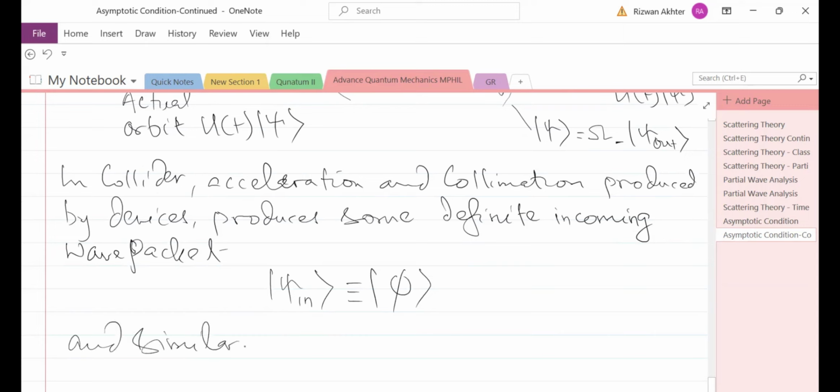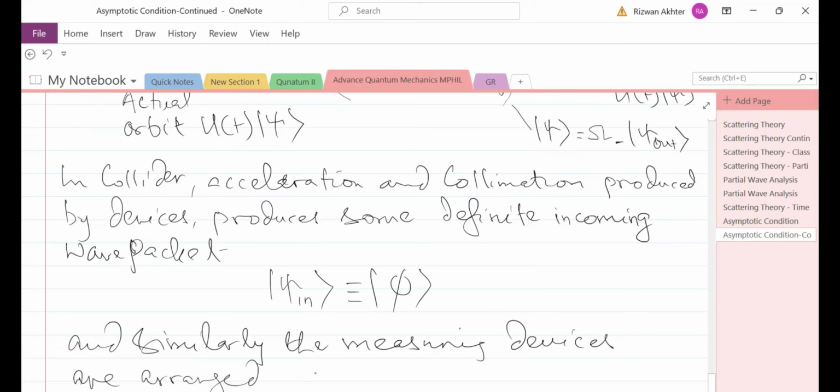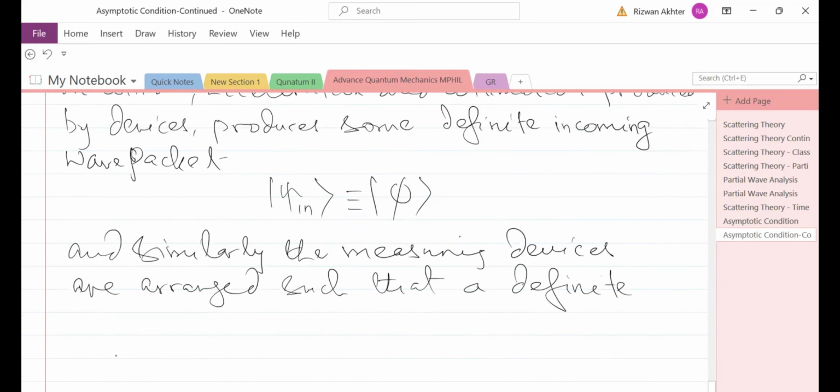And similarly, the measuring devices or the detection devices are arranged such that a definite out asymptote is produced.